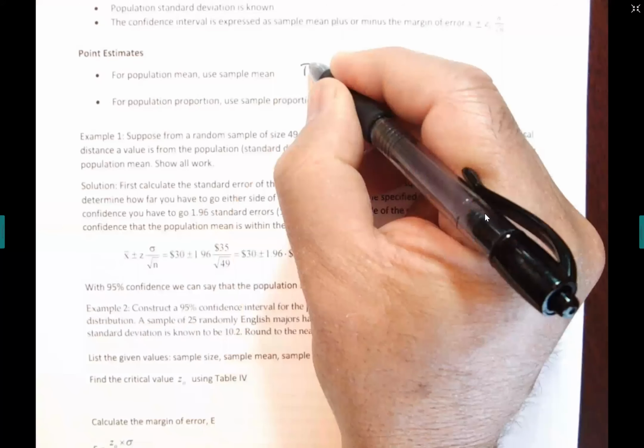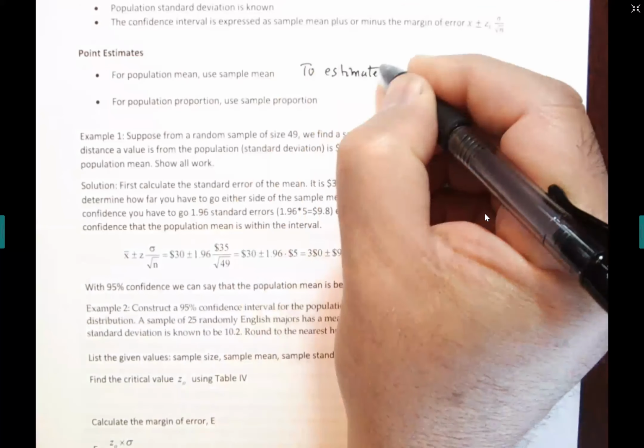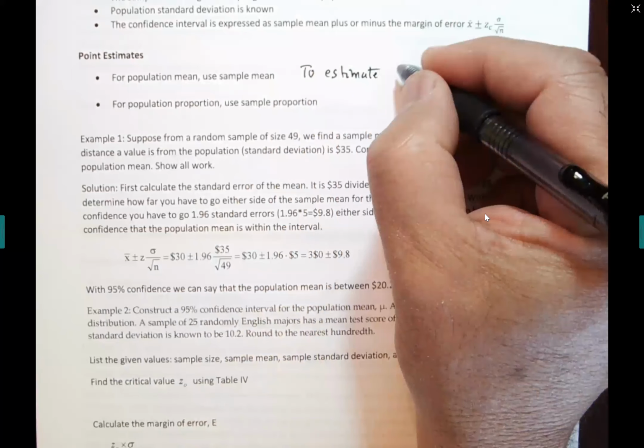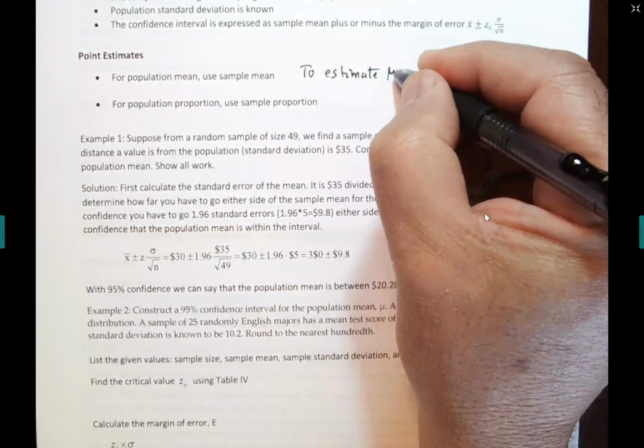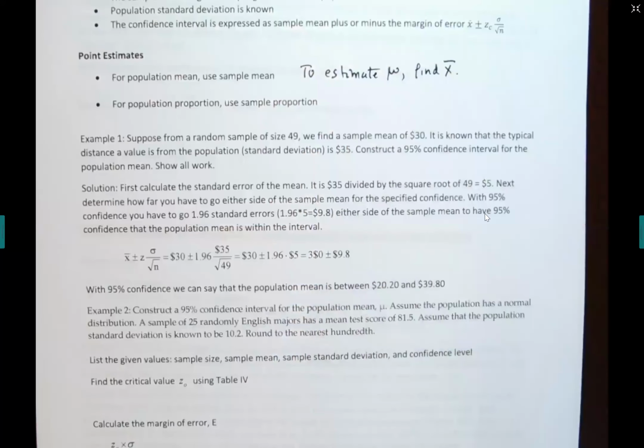But this is not a very accurate estimate. That's why we need the confidence interval. To estimate mu, find X bar. It's better than nothing. But if we can do a confidence interval, it will be even better.